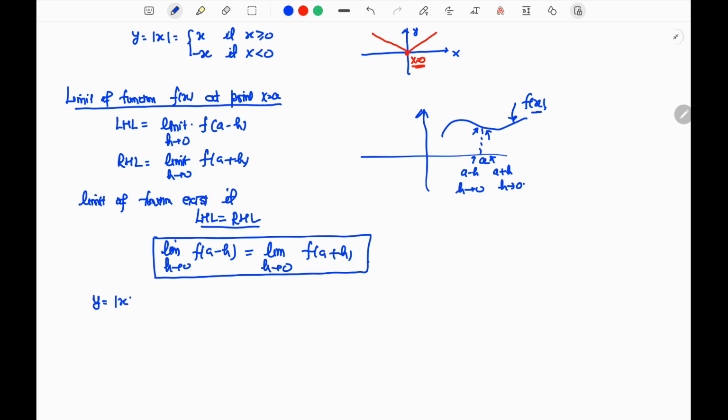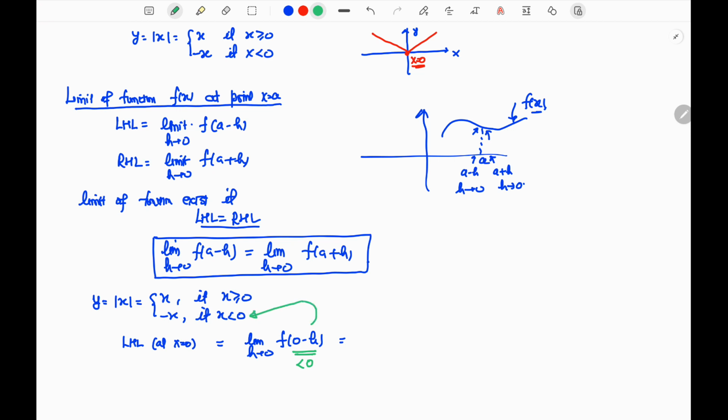By this definition of the limit of a function, we will find the limit of the modulus function, which is given as y equal to mod x, and it is equal to x if x is greater than or equal to 0 and minus x if x is less than 0. So the left hand limit at x equal to 0 will be equal to limit h tends to 0 f(0 minus h). Now we have to be very careful that this 0 minus h is less than 0, and for this value we have to go to the definition of the modulus function where x is less than 0.